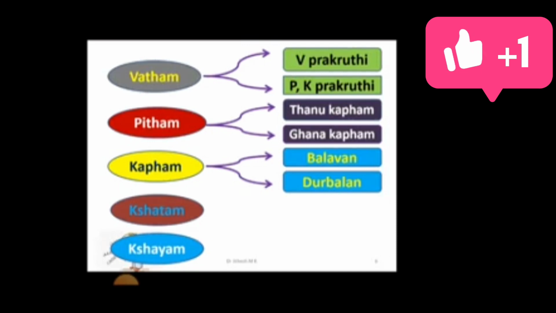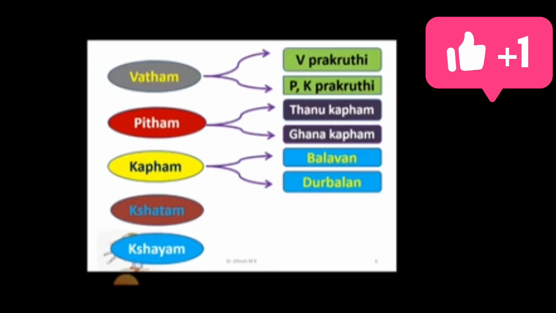Likewise, simple Paittika Kasa is not sufficient, because Paittika Kasa is again subdivided into 2: Paittika Kasa with Tanu Kapha and Paittika Kasa with Ghana Kapha. Here also the treatment is entirely different.